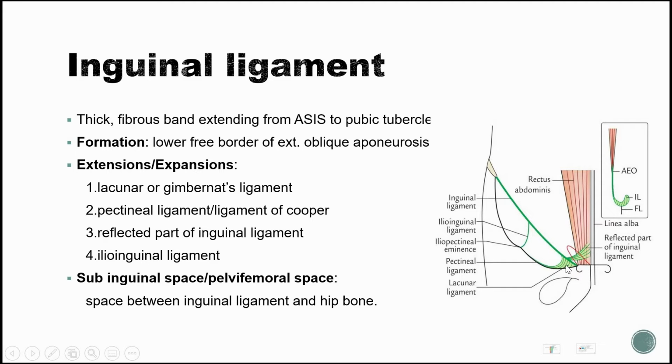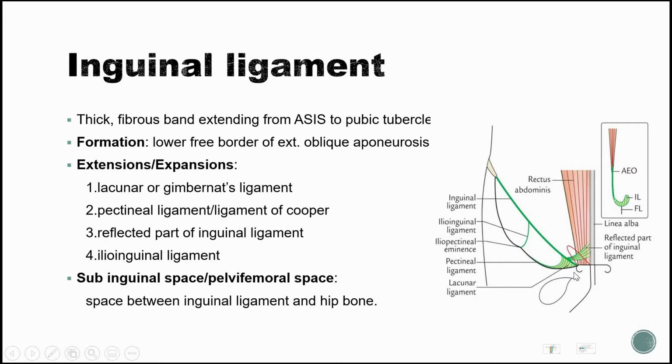So this forms the base and gets attached to the pecten pubis. The pecten pubis is a part of the hip bone again, which you can see here. This is the pecten pubis, and this forms the apex. The site of attachment is the apex and the site of origin is the base.